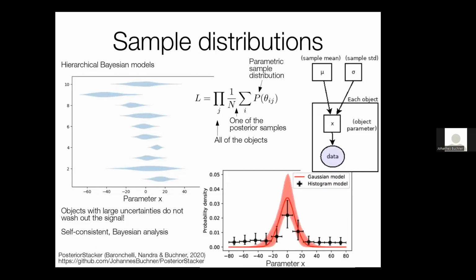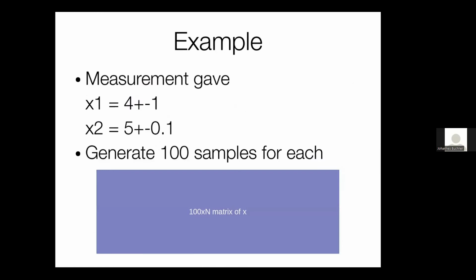And that's actually implemented in posterior stacker, and one of the exercises will be getting some distributions like this out after analyzing these. Okay, so just to give you an example, you have your posterior samples for n objects, and let's say you have 100 posterior samples from each object. You have this 100 times n matrix of posterior samples.